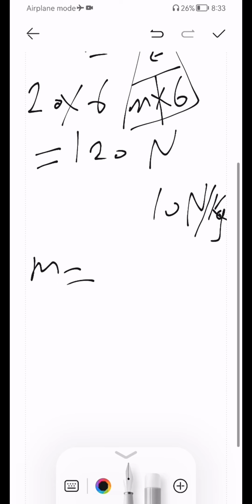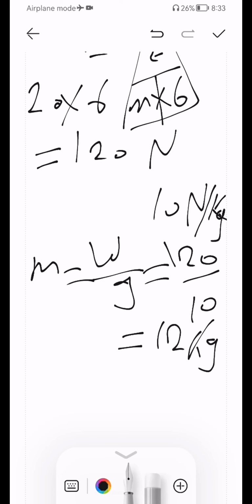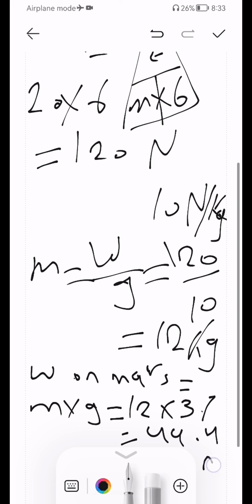Mass equals weight over G, 120 over 10 equals 12 kilogram. Now we have mass and gravitational field intensity on Mars. So weight on Mars equals mass times gravitational field intensity equals 12 times 3.7 equals 44.4 Newton.